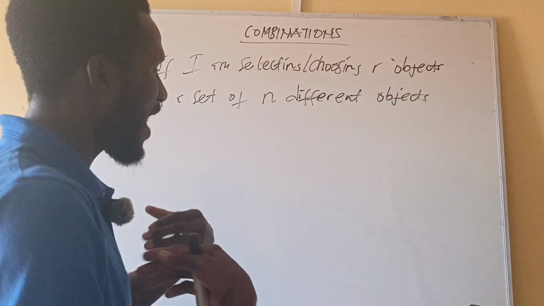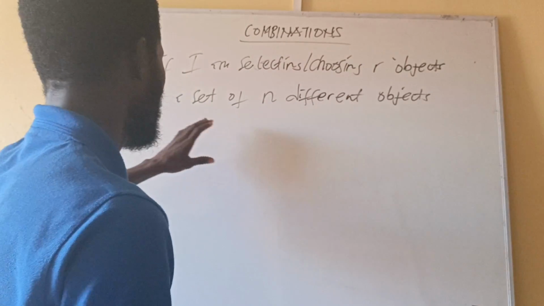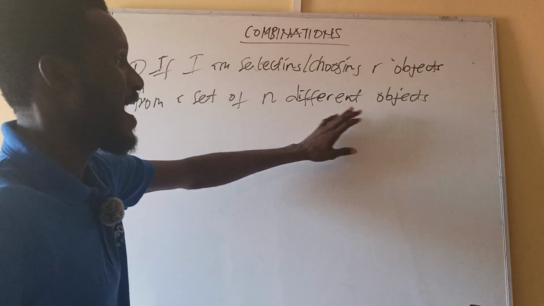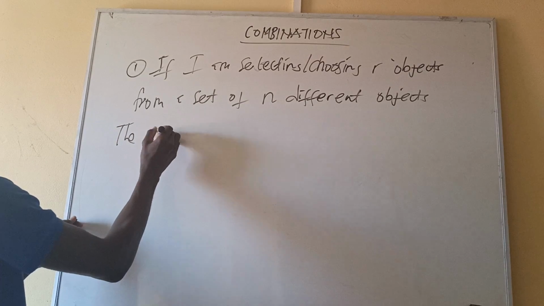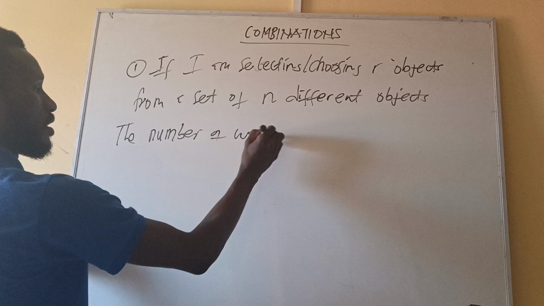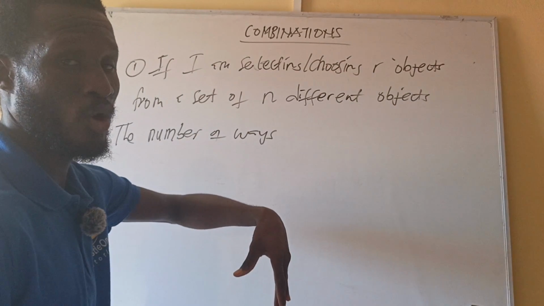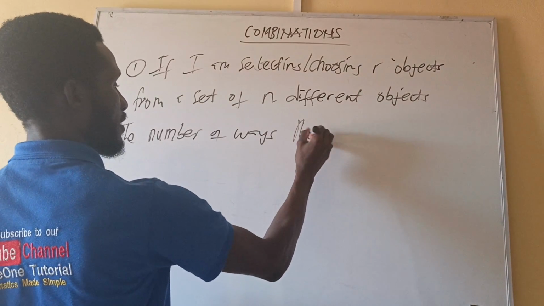So, if I am selecting or choosing R objects from a set of n different objects, then don't forget that since we have selection or choosing, we are talking about combination.